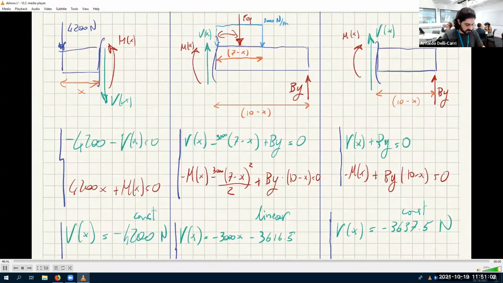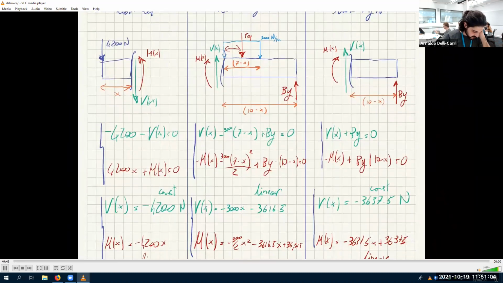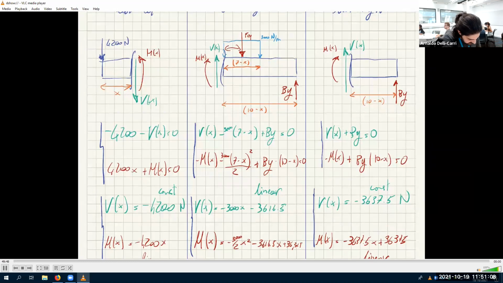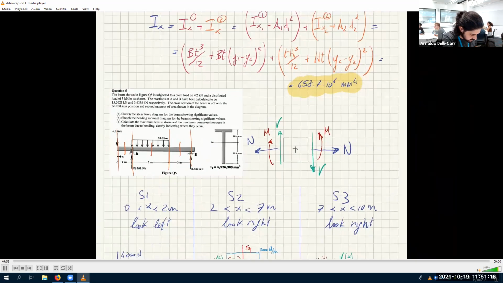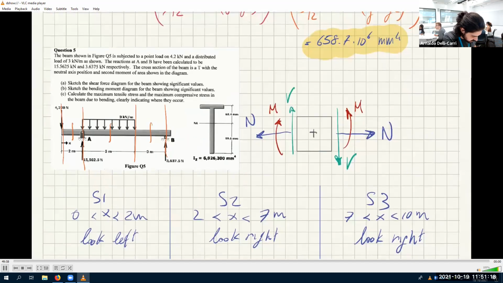Let's say v of x is this: minus 3000 times 7 minus x. Is this 7 minus x? Oh, that's why. No, it is 7 minus x. This is what's left. Okay, so this is correct.